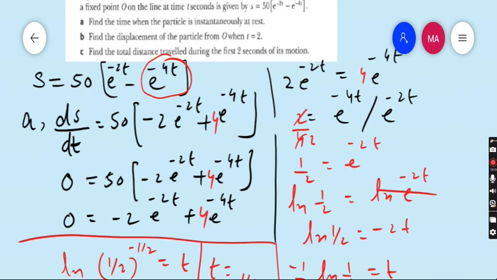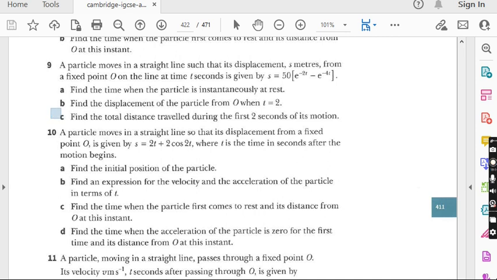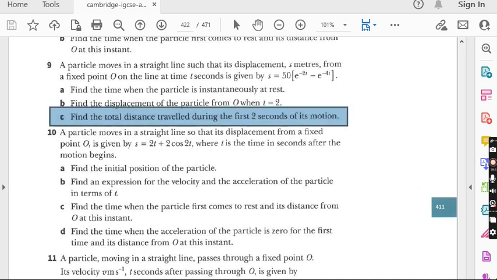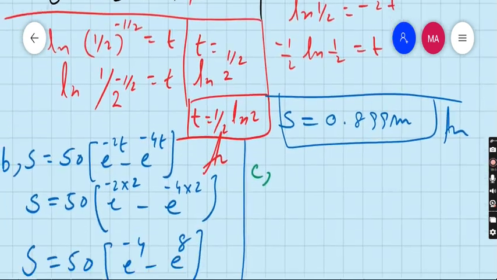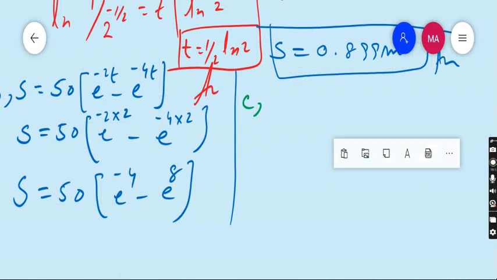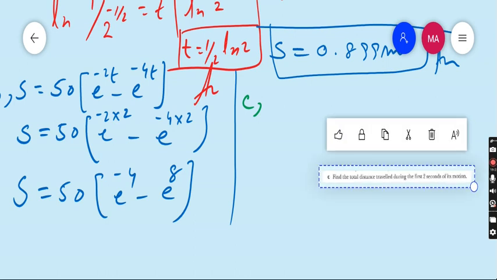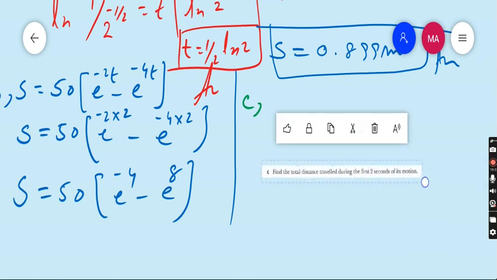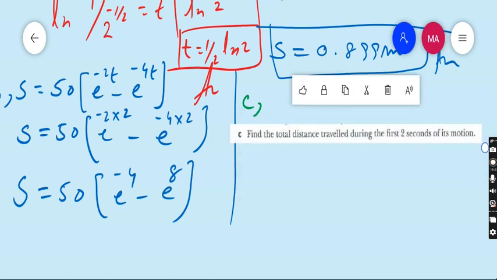Part C is, I am copying part C over here. Because it is very important part. Read this.